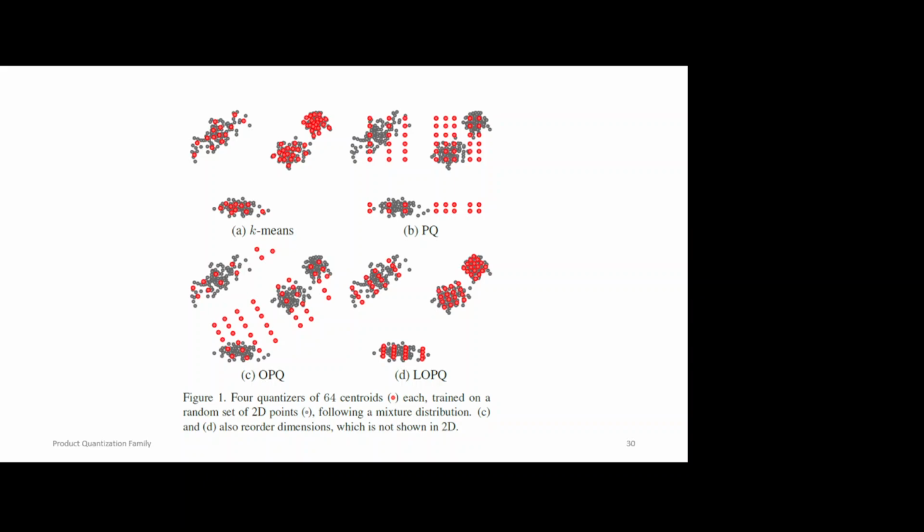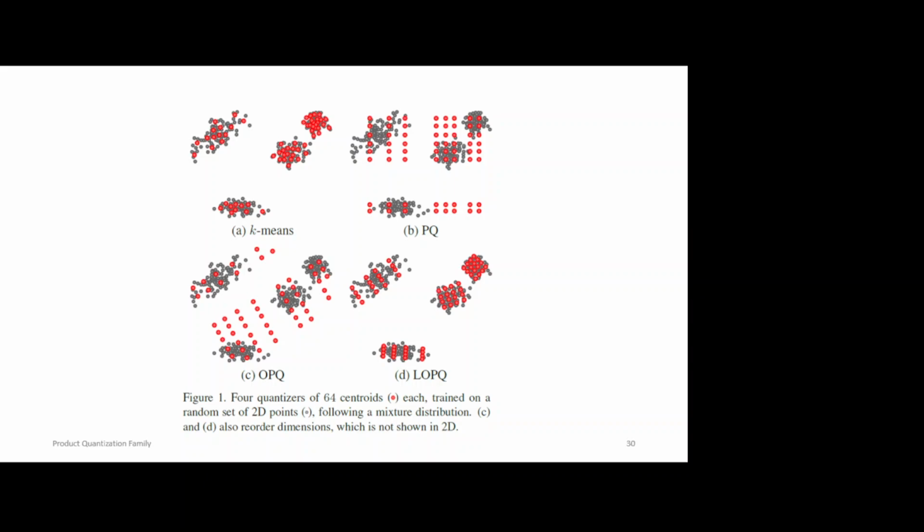Suppose you perfectly capture the 4 groups of the data, and then for each group, for each cluster, you apply the OPQ. So you see in here you have 4 by 4 centroids in each cluster. In total, there are 16 centroids per cluster, and it's also rotated according to the data distribution.